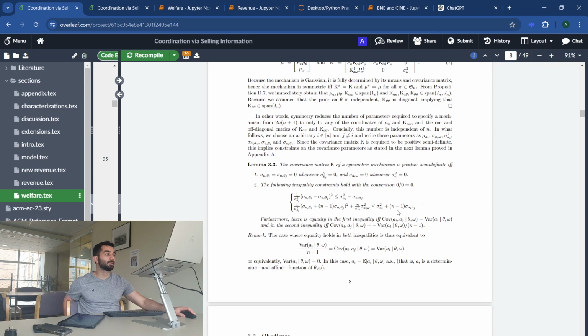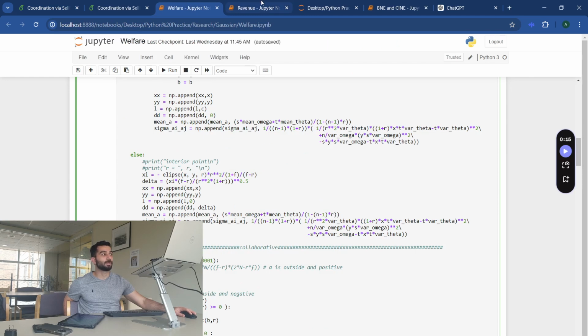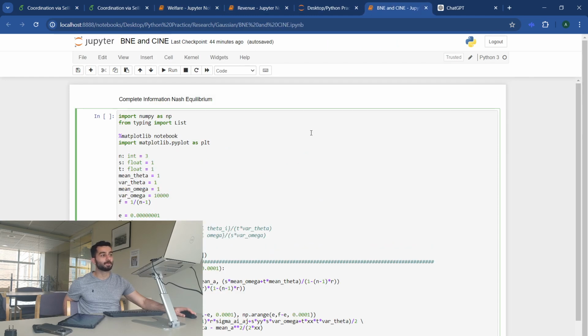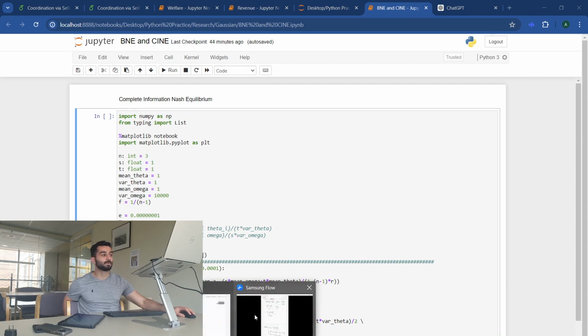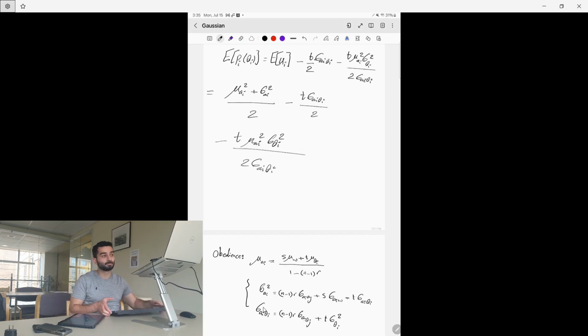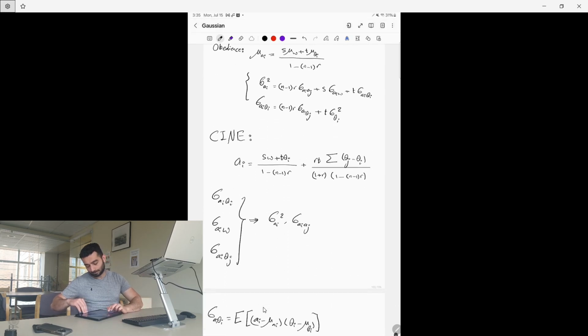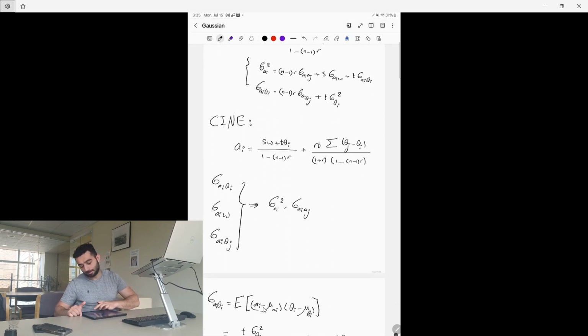The second elliptic gives us sigma aj exactly. So here we don't have sigma aj, but we can compute it. Yeah, let's do it once. So again we have this.